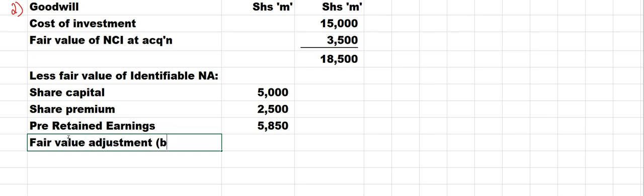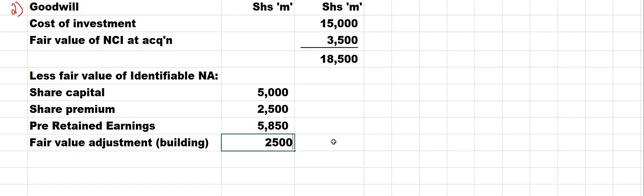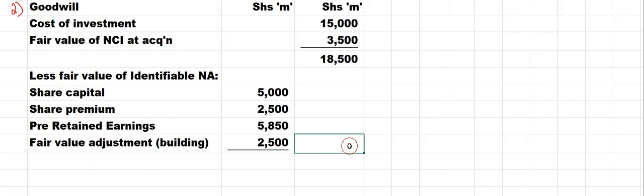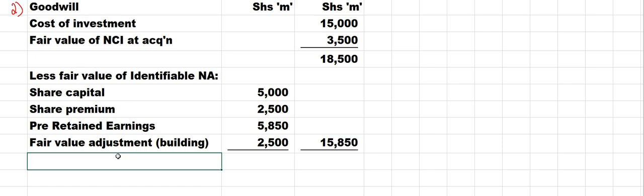That's a building that had a fair value of 2.5 billion higher than its book value. So this makes your net assets figure, which gives us 15,850 as the fair value of the identifiable net assets.